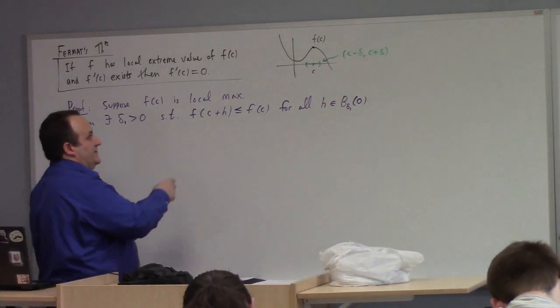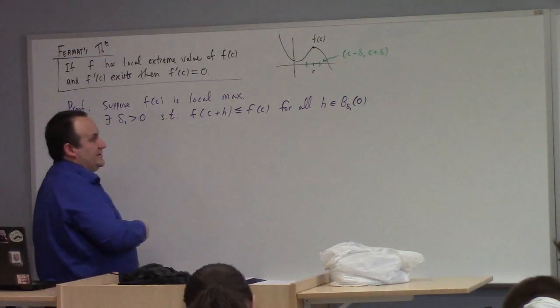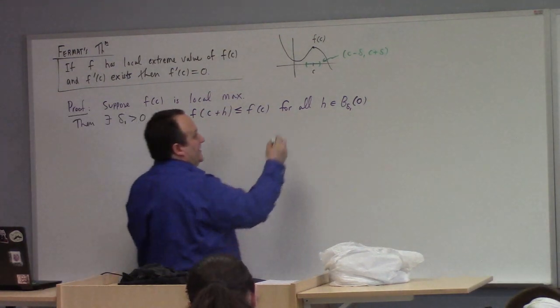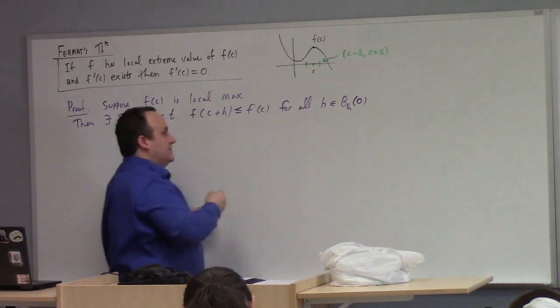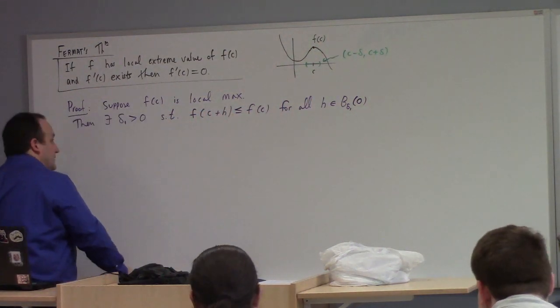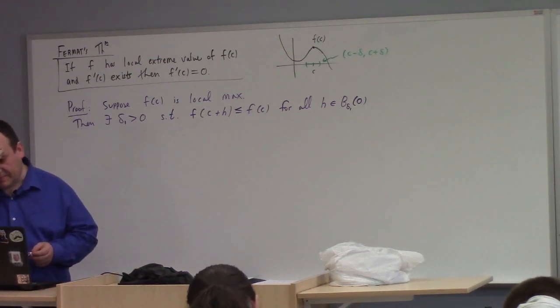So you could think of h as a variable that ranges between plus or minus delta, and that will take you to this part of the graph. So for local there, the values of the function are less than or equal to f of c.